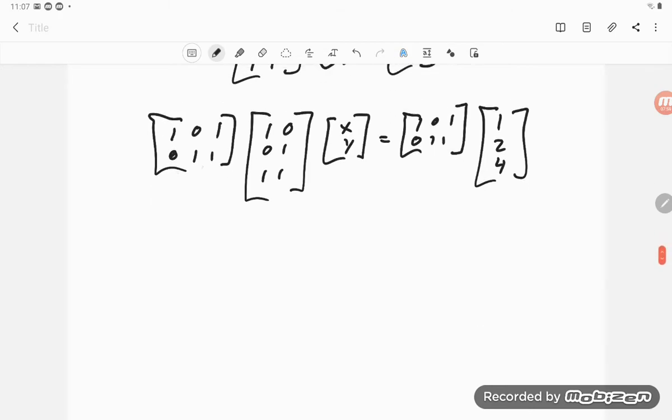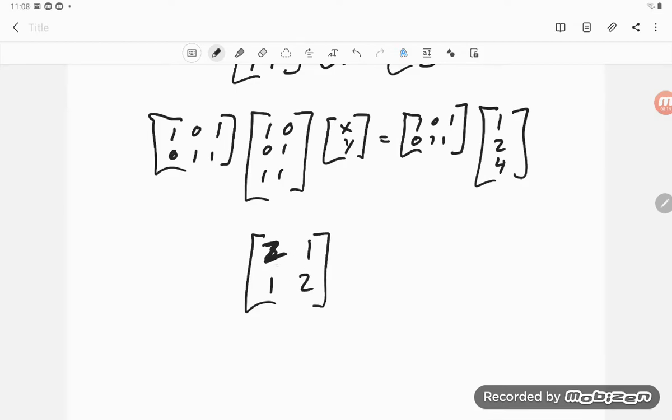Okay, on the left-hand side, 1, 0, 1 dotted with itself, I get 2. And 1, 0, 1 dotted with 0, 1, 1, I get 1. Now, we should see this is symmetric, and I get 1 there, and then a 2 there.